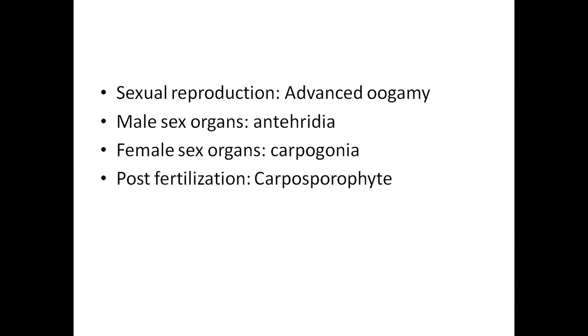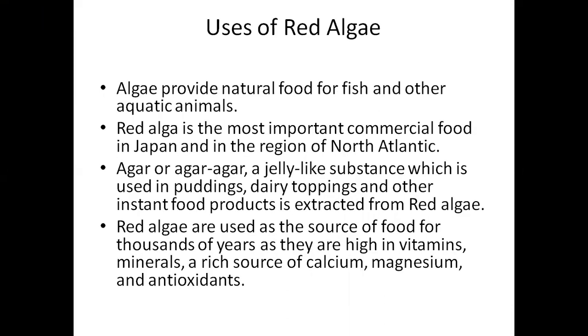After fertilization, a body is formed, and whatever structure is formed after fertilization is known as carposporophyte. In red algae there is alternation of generations, with a gametophytic generation and a sporophytic generation. Gametophytic means haploid stage and sporophytic means diploid stage.